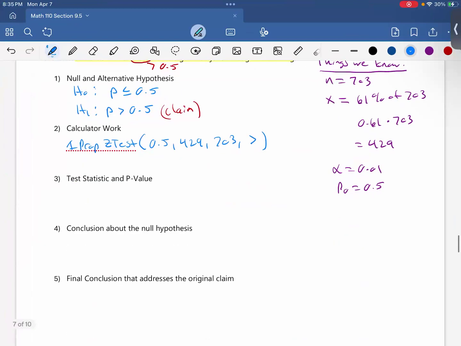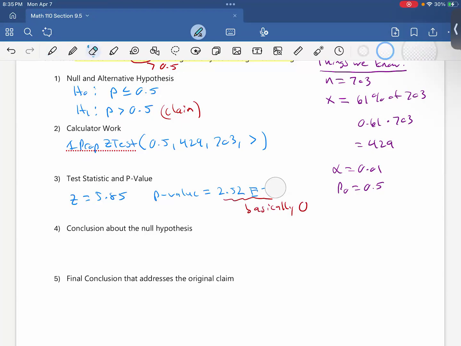The test statistic was z equals 5.84, and the p-value was 2.52 e to the -9. Excuse me, not 19, 9. That's basically 0.